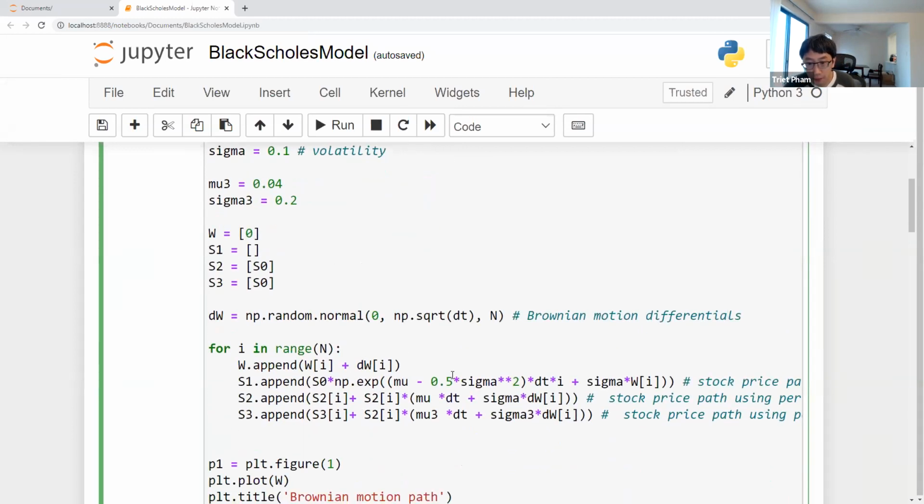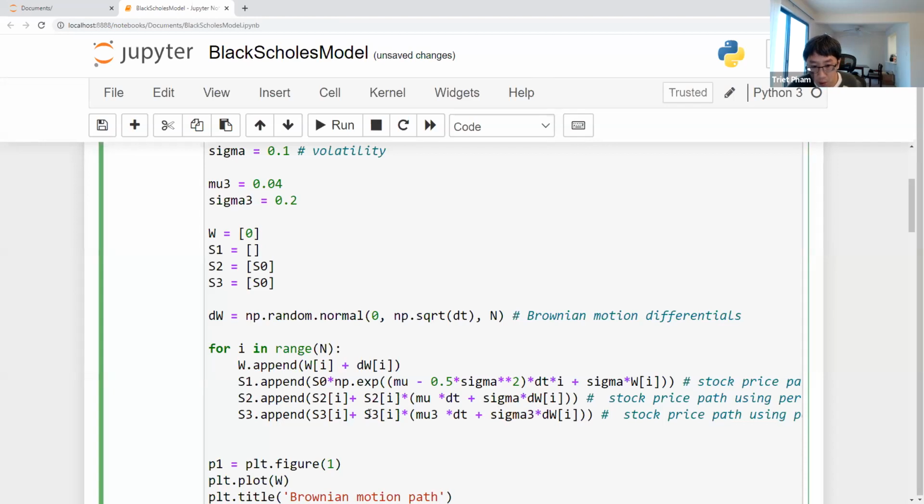This is the exact formula. When you do this, you are approximating it using a numerical procedure. But if the calculus is correct, then these two should be converging to the same path. And finally, this is just another path. Oops, I should do S3. So let me post this again.